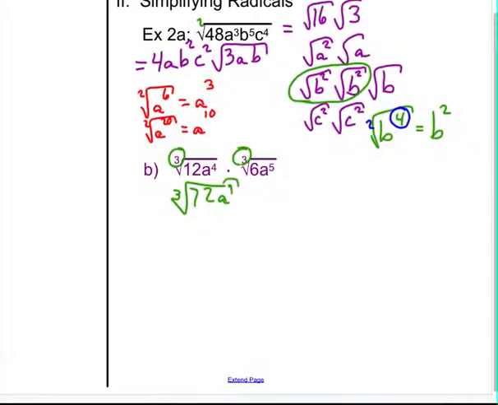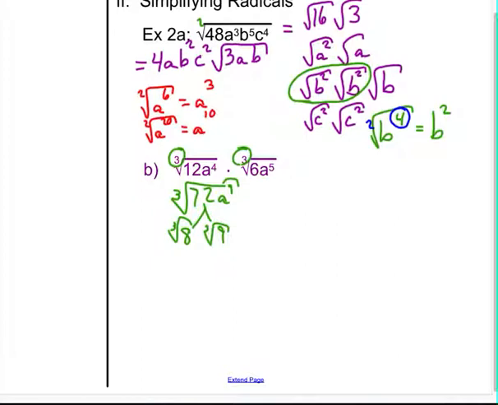So then we look at perfect cube factors for each of our terms. So this is where you have to think about that chart. And 8 is a perfect cube. And 8 times 9 gives us 72. Now with cubes, what we're looking for is multiples of 3. So when you're taking a square root, you look for multiples of 2.